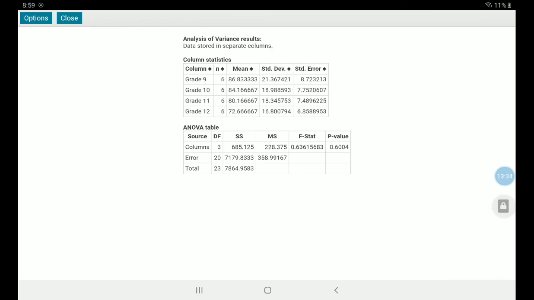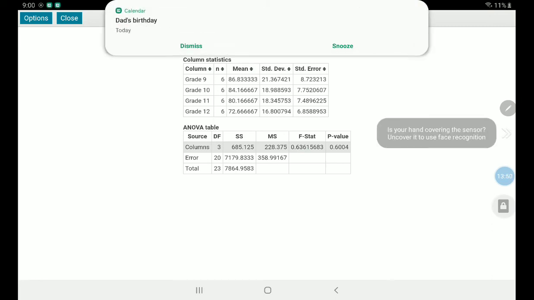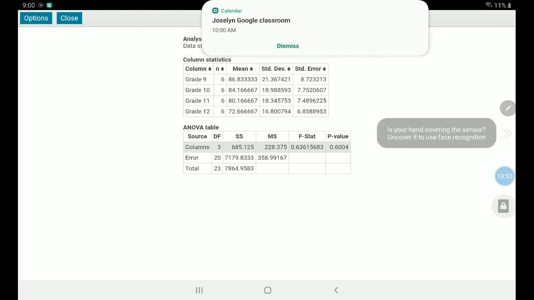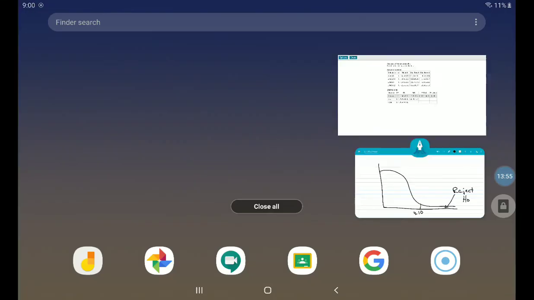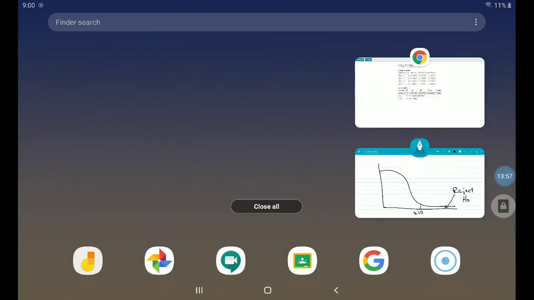So out of all of this stuff, what I'm really worried about is the F statistic. Down there at the bottom, it says F stat, and that gives me 0.6362.